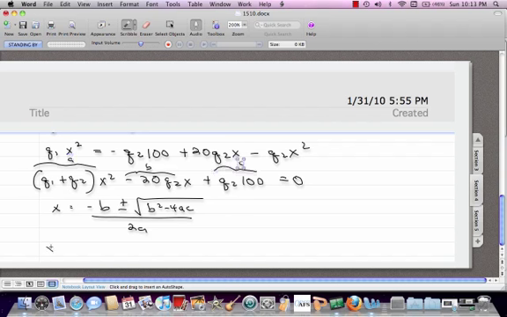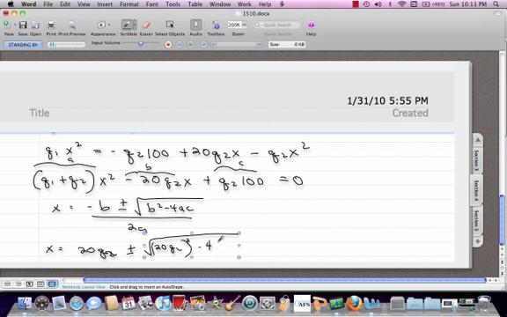So I get x is equal to a negative, negative b times a negative would give me a positive, so I get 20 times q2 plus or minus the square root of 20 q2 squared. I don't have to worry about the negative because I'm squaring it.